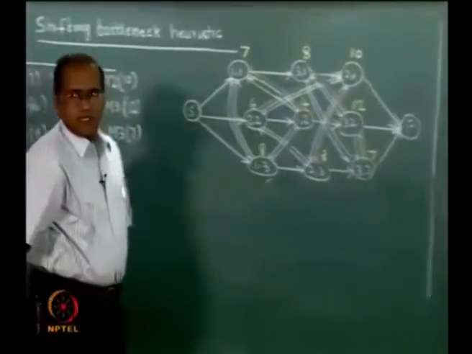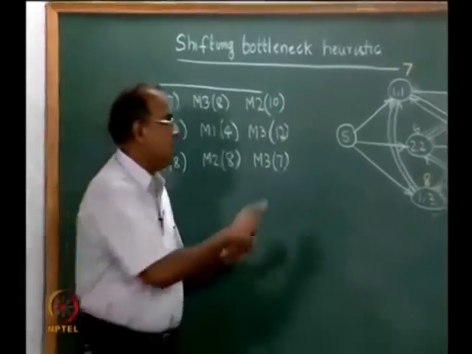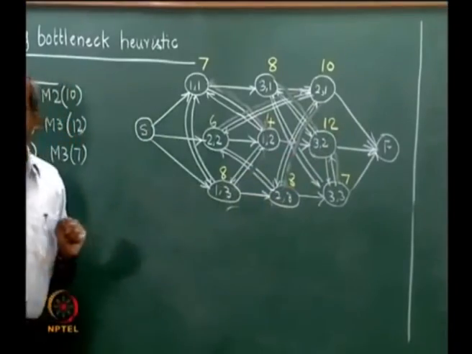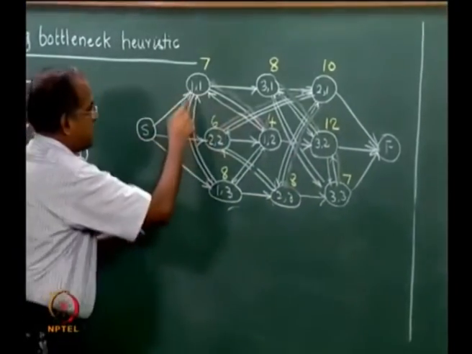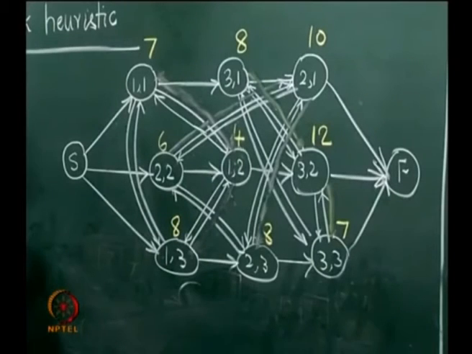So, let us come back to this network, and in this network all these arcs are not going to change, but wherever we had these pairs, for example 1 1, 1 2 and 1 3, we said that out of these 6 arcs that are shown, 2 of them will be in the solution, and which 2 will have to be decided.